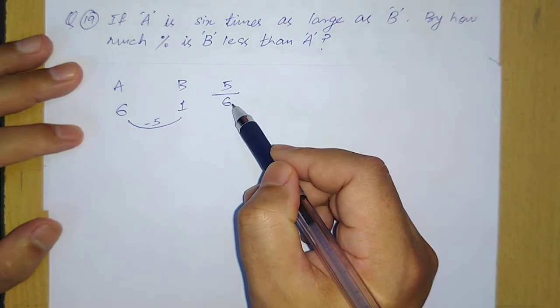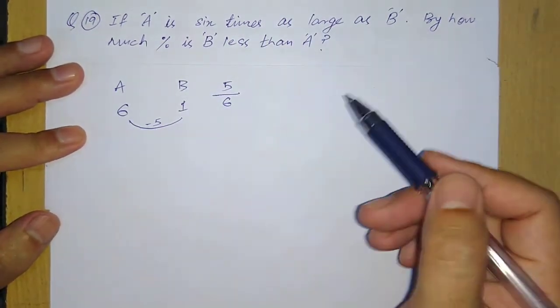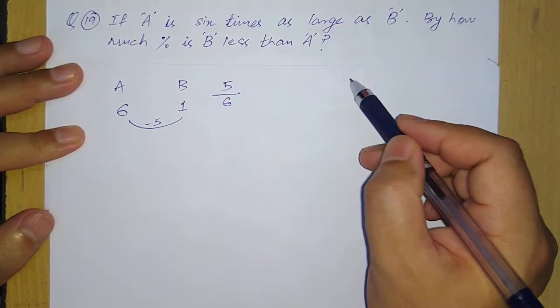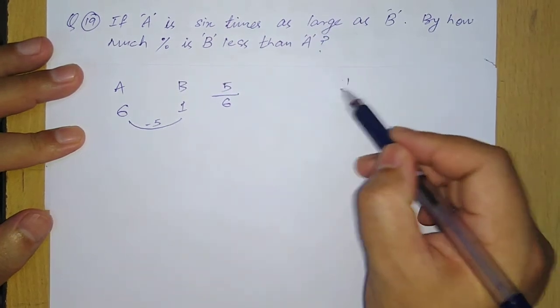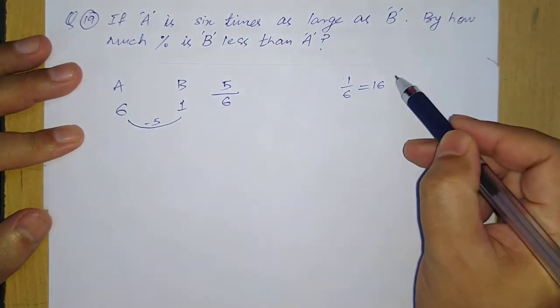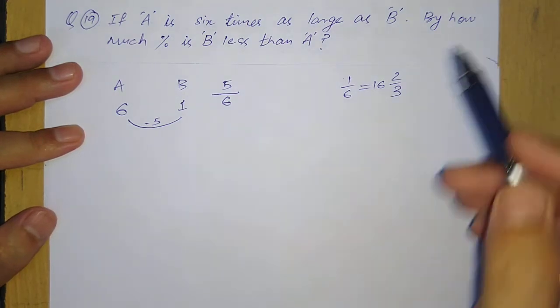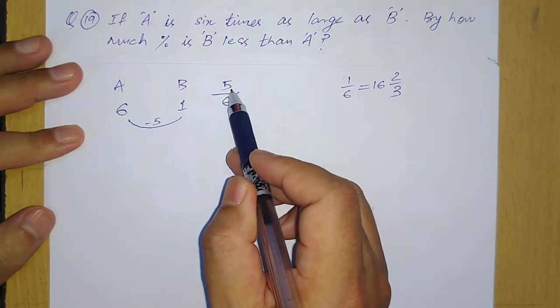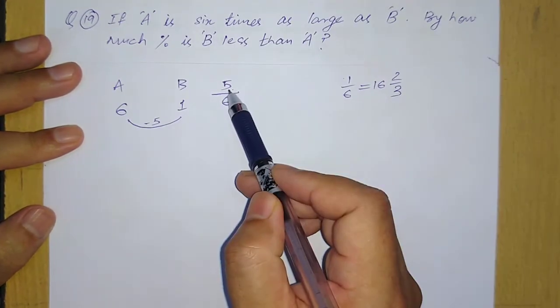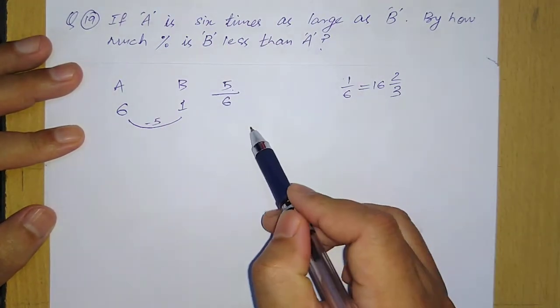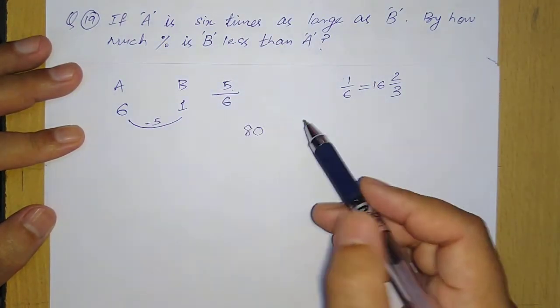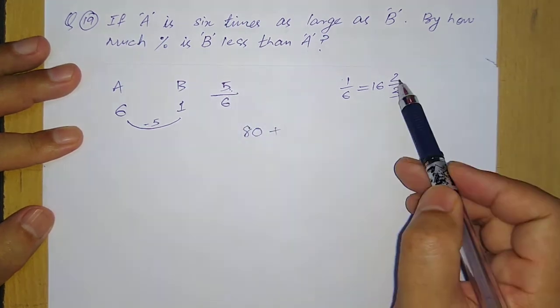So 5 by 6. Now we will go with the old concept of our percentage, the basic concept. 1 by 6 is how much? 16.2 by 3%. Now it says 5 by 6, so we will multiply 5 into 16. 5 into 16 will give us 80, and 5 2s are 10.